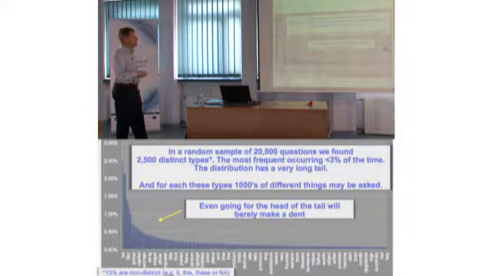It turns out that we have about 2,500 distinct types, but with a long tail situation where we cannot just say we're only going to encode the first 100 types.